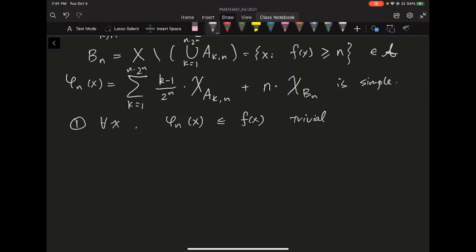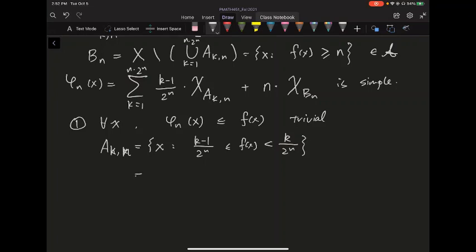And I want to compare phi n of x with phi n plus 1 of x. You may notice if I consider A_{k,n}, that's basically all the x where (k minus 1) over 2 to the n is less than or equal to f of x, strictly less than k over 2 to the n. Well, this is related to A_{2k,n}, or actually I should say the sets at level n plus 1.